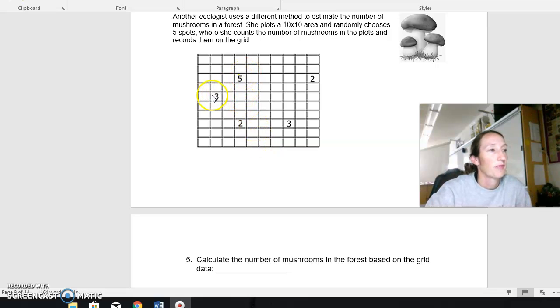So we add these numbers, 5 plus 3 plus 2 plus 3 plus 2 is 15. We divide that by 5, which is 3. So on average, there are 3 mushrooms per square. So then how do we apply that to a 10 by 10, 100 square data chart? Well, we're going to take 3 times 10, and on every single one, there's approximately 100.